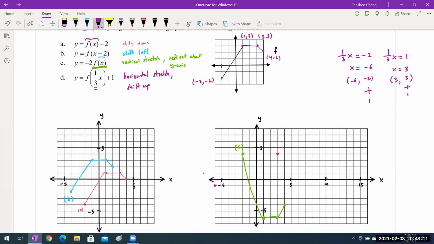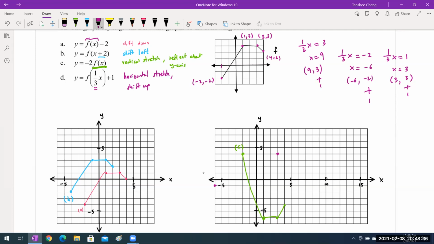And the next point, the original x coordinate is 3. So now I want to find the new x value. 1/3 x is equal to 3. So my x is equal to 9. So that tells us 9, 3 is my third point after stretching it horizontally.